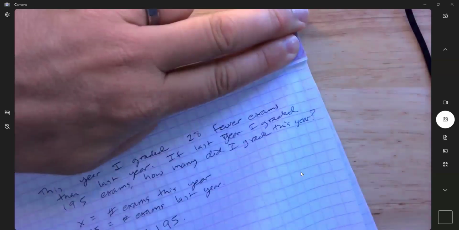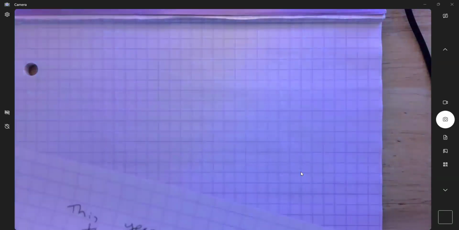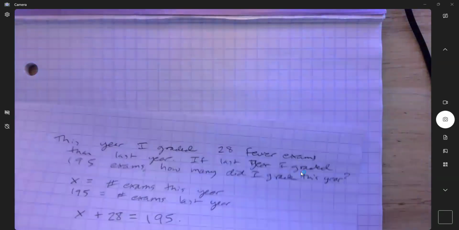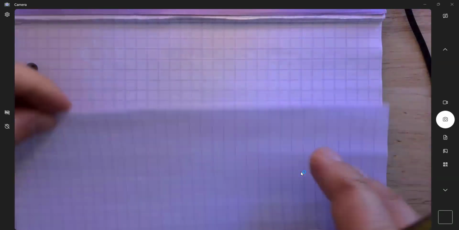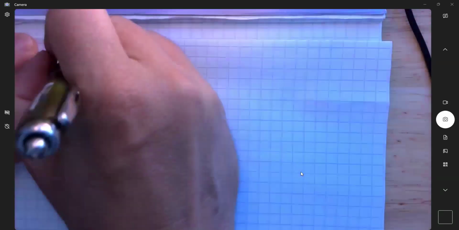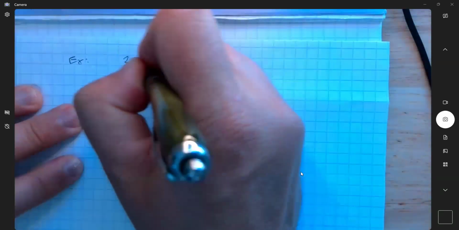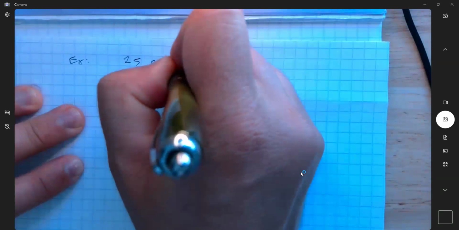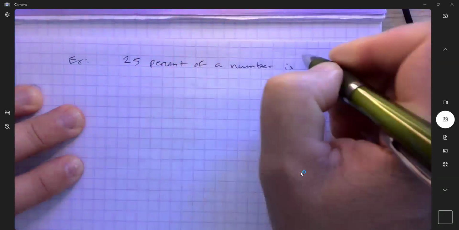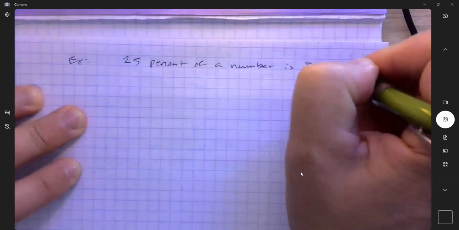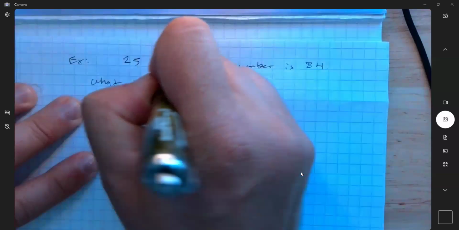Here's another one that involves multiplication or percentages. And this also comes from your homework. 25% of a number is 84. What is the number?